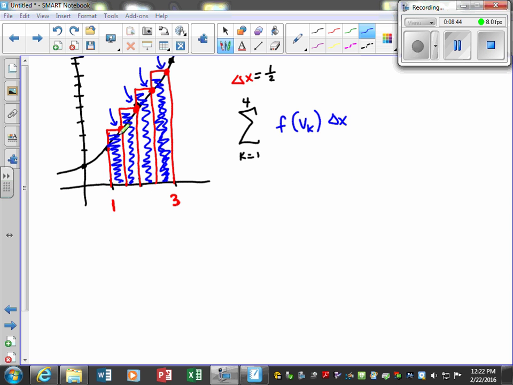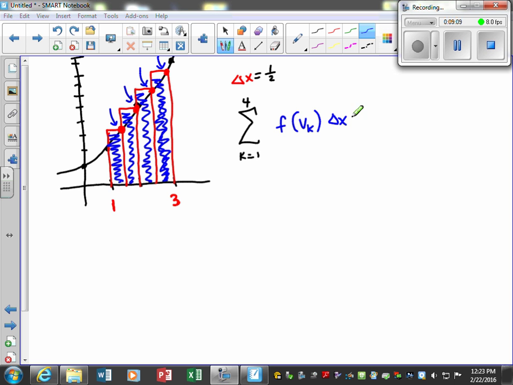Okay, so basically I just sketched that. I'm going to do the area of this rectangle, then this one, and this one. I'm going to add them all up. That's what this says. We have 4 rectangles total, so that's going to be our 4. The function of v sub k, instead of leaving it u sub k because it was the underestimation, it was our inscribed, I just used a different notation, v sub k, so that we can remember it's above the graph.